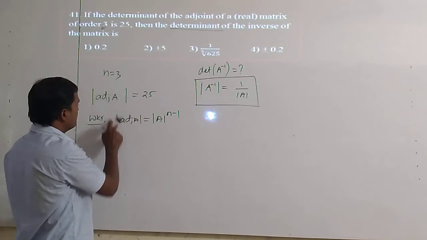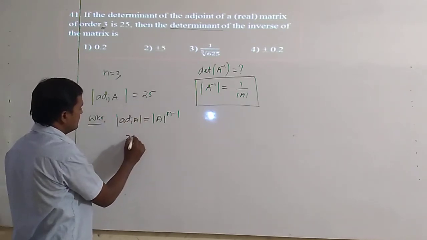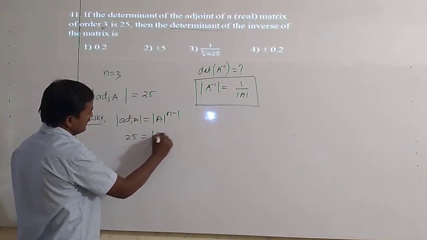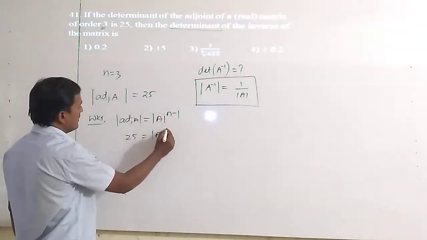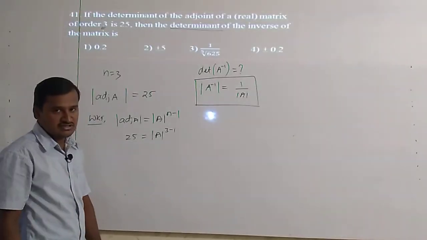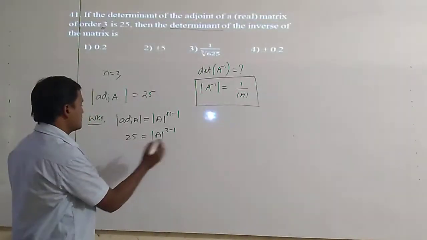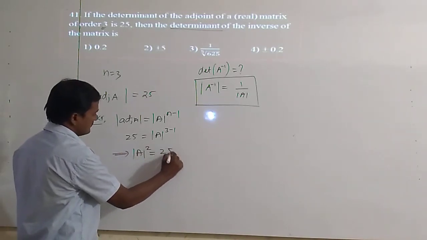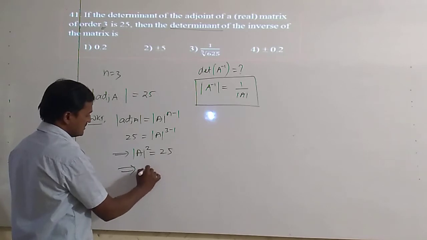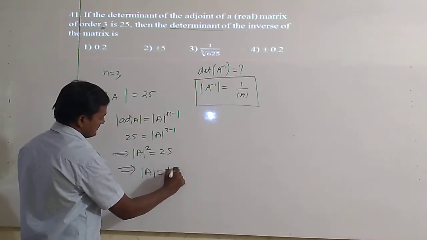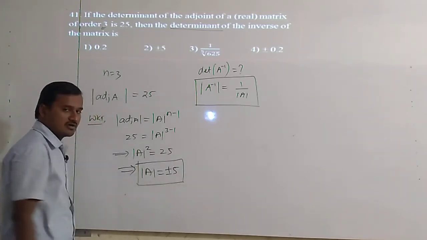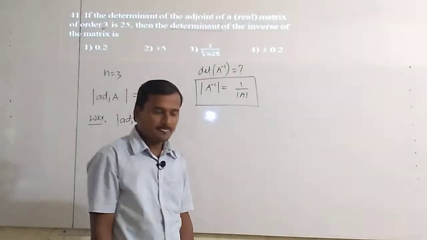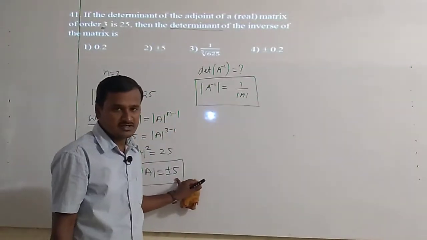They have given determinant of adjoint of A as 25, equal to determinant of A to the power 3 minus 1, because n is the order of the matrix. So clearly determinant of A whole square is equal to 25, which implies determinant of A equals plus or minus 5.